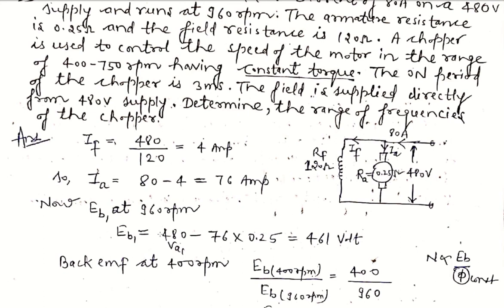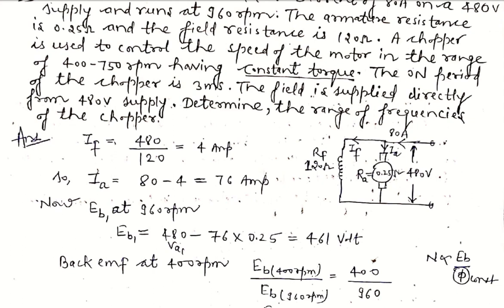Eb is equal to V minus Ia Ra, where V is the terminal voltage. So Eb is 480 minus 76 times 0.25 ohms, which gives 460 volt, the back EMF generated by the motor initially at 960 rpm.